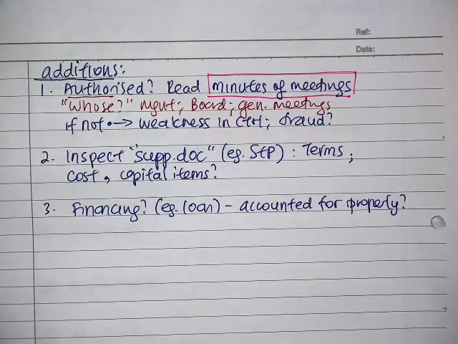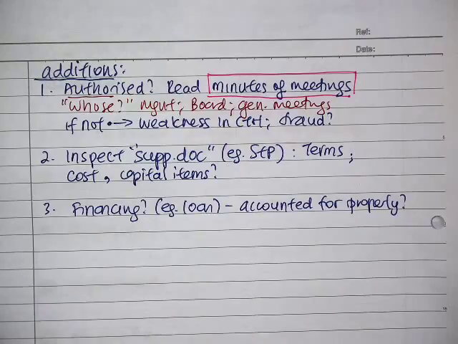Because sometimes you need to disclose that the asset has been charged. If this asset is charged for a loan, you must disclose in the accounts. So you must go through all that to see that later on the disclosure section is right or not right.